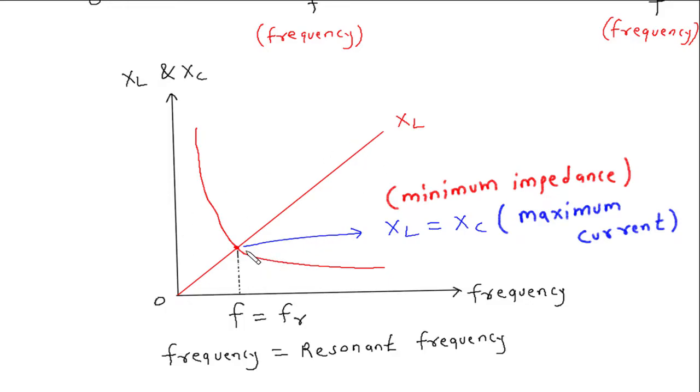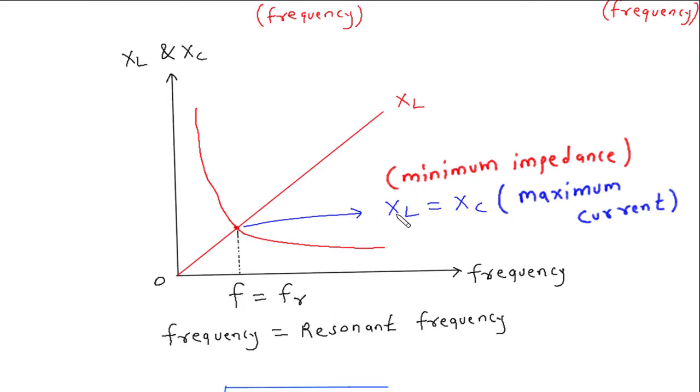So here we can see at a certain point XL is equal to XC. So this is a minimum impedance point or maximum current point. At this point the frequency is equal to the resonant frequency. Now here XL and XC cancel each other.